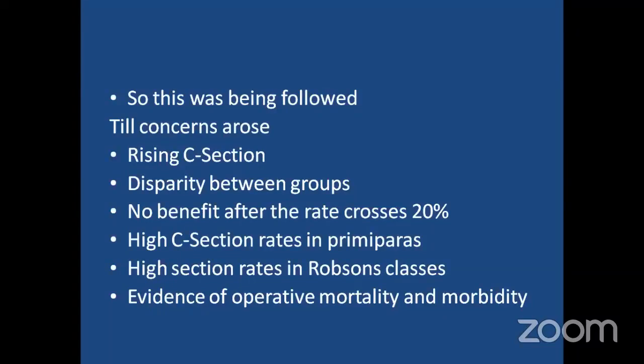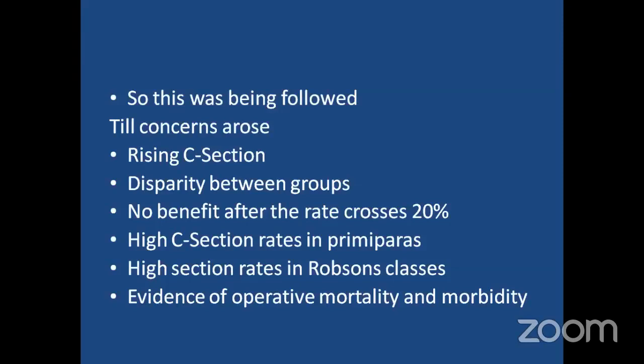But what happened when this partogram was being followed was rising rates of Caesarean section, disparity between groups, no benefit in maternal mortality or morbidity and neonatal mortality or morbidity when C-section rate crosses 20%, high C-section rates in primiparas, high C-section rates in the Robson's classes I told you, and evidence of operative mortality and morbidity.